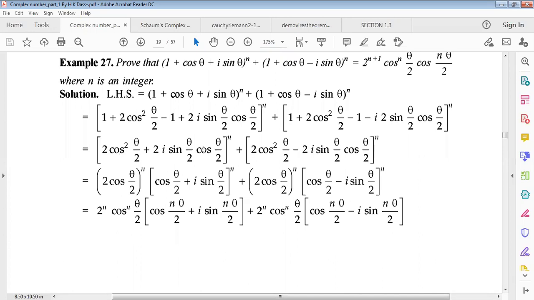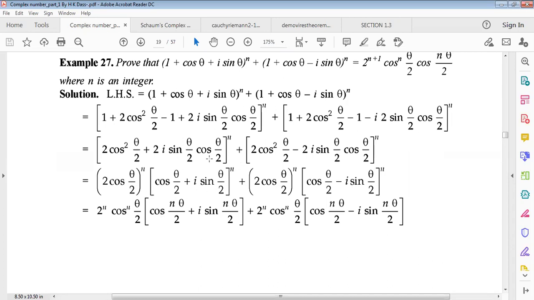Now take cos theta by 2 common from here. We get (2 cos theta by 2)^n (cos theta by 2 plus i sin theta by 2)^n plus (2 cos theta by 2)^n (cos theta by 2 minus i sin theta by 2)^n. Now the power n is for 2 and cos theta by 2, so we get 2^n cos^n(theta by 2).